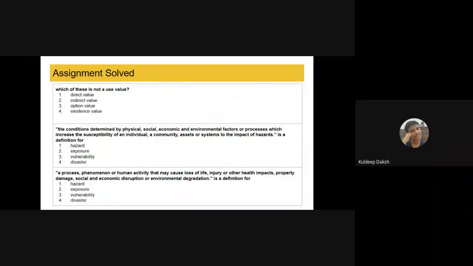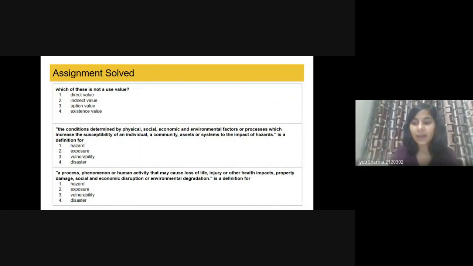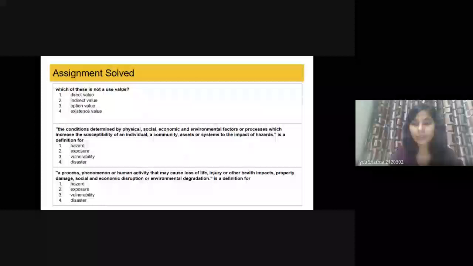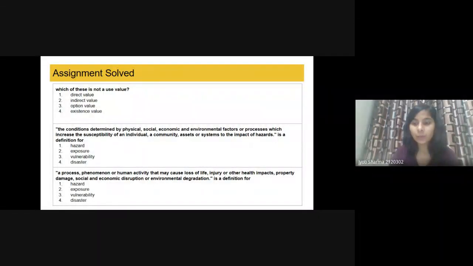Vulnerability means how much we can absorb, how much we can actually withstand. Like, if you have two houses, both near the industry, one house may be strong enough to cope with that effect, but the other is not.